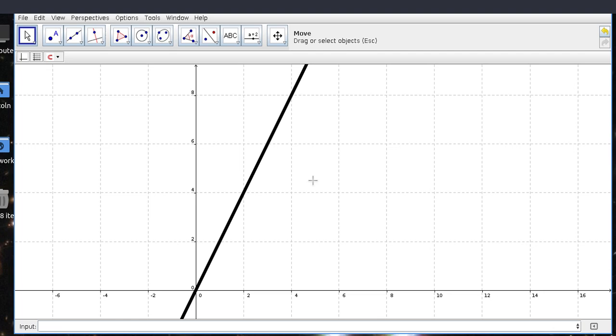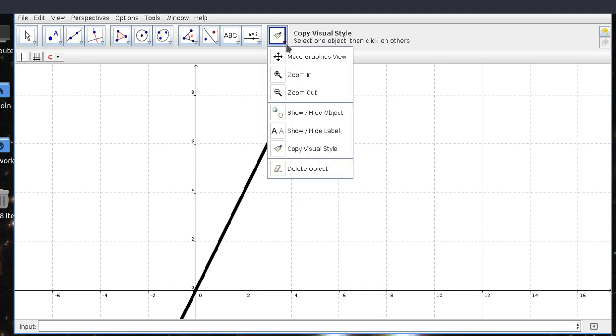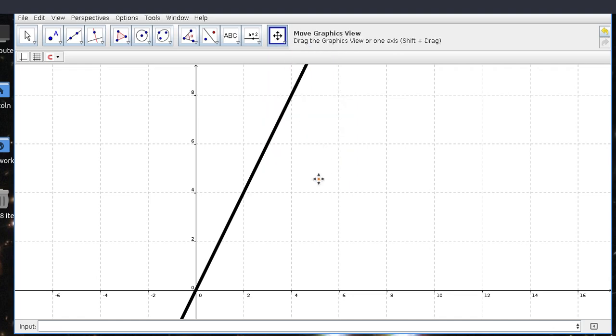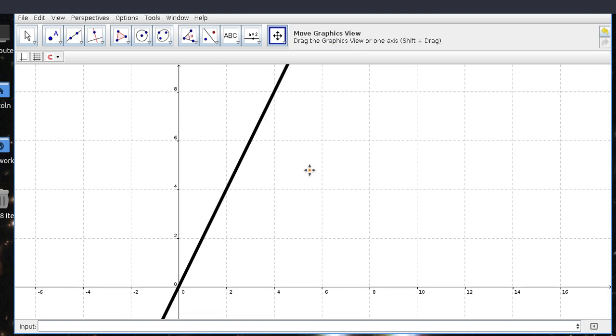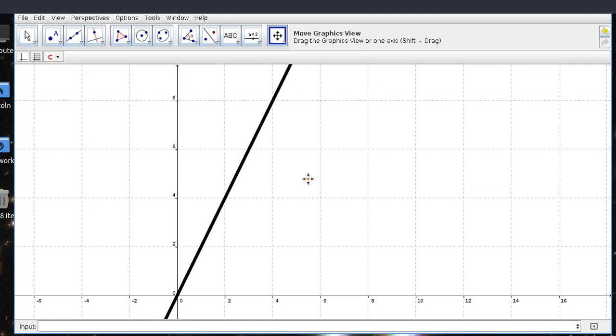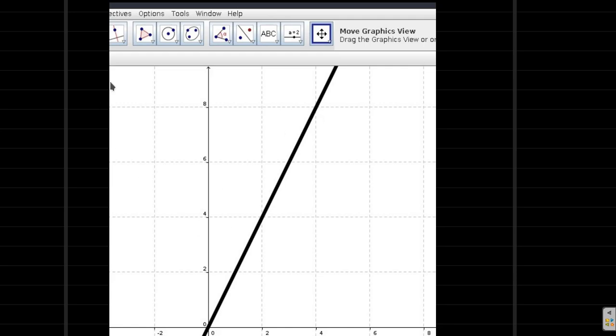So this is our graph, y is equal to 2x. What we're going to do is copy this graph and put it on our whiteboard. Alright, so I've copied it, at least part of the graph. This is the part we're interested in right now.